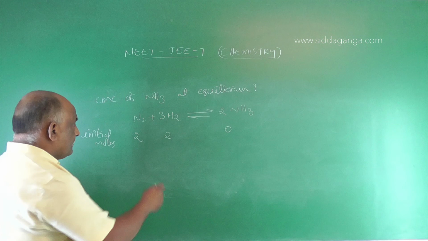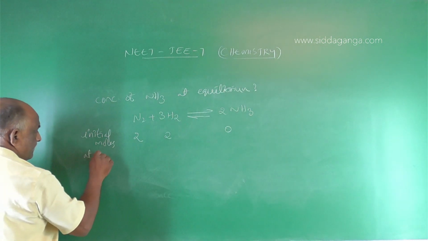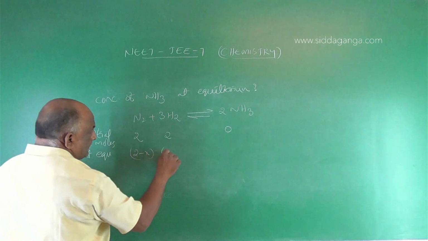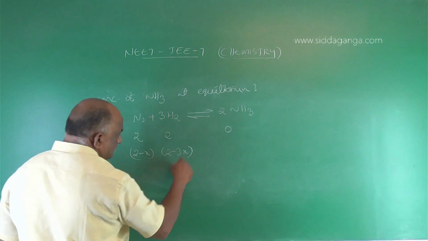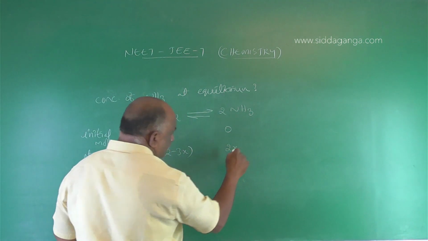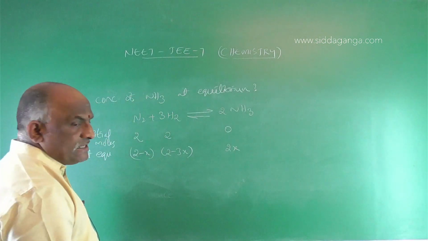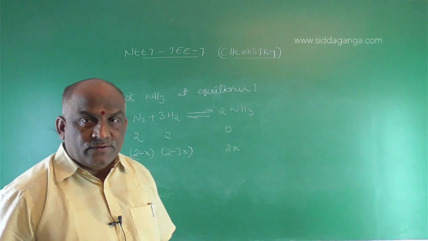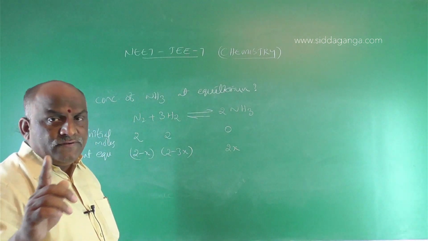So here at equilibrium, we should write 2 minus x. Here you should write 2 minus 3x, and this is 2x. And what condition was given at equilibrium? Half a mole of N2 is used.